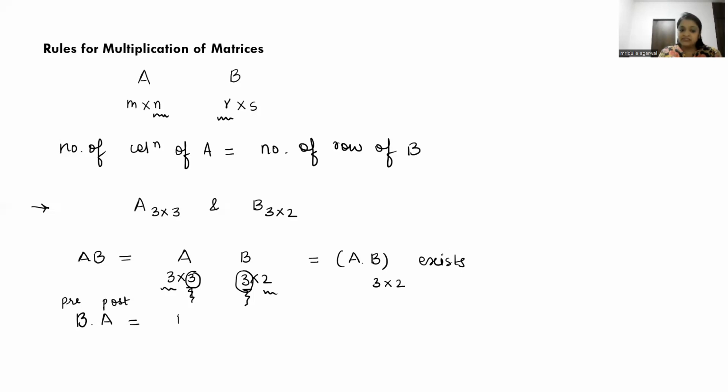The dimension of B is 3 cross 2. The dimension of A is 3 cross 3. By the rule, the column should be equal to the row of the second. Are they equal? No. That means the multiplication between them does not exist.